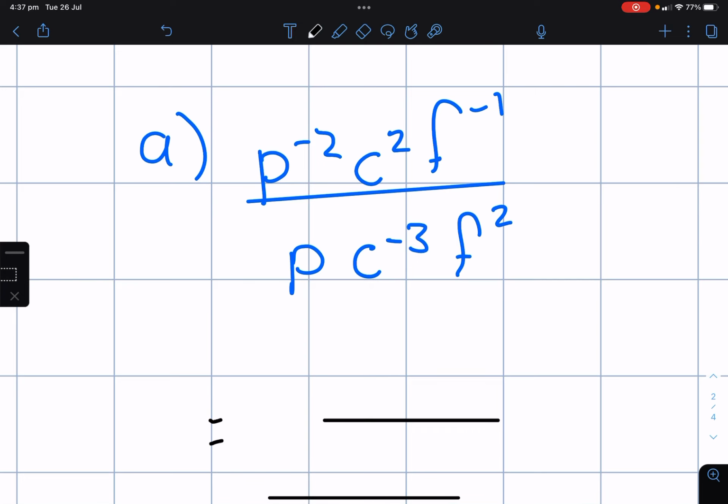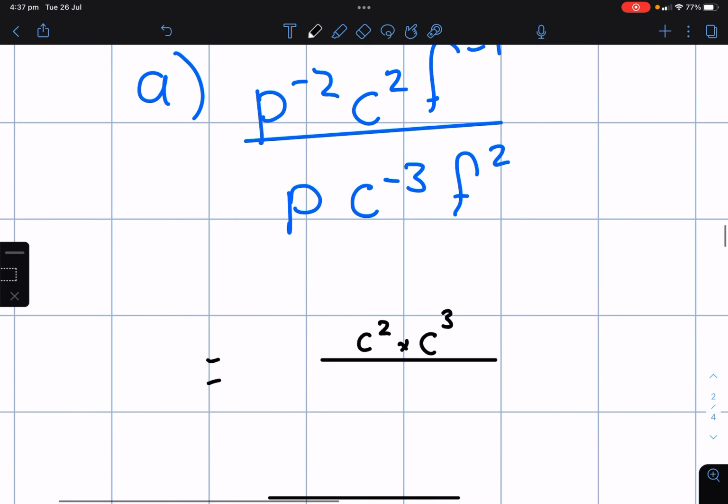So on the top, P and F are actually moving to the bottom, so we're only going to be left with C. So we've got C squared, and then we've got this C to the power of negative 3. So if we bring that up to the top, we've got C to the power of 3.